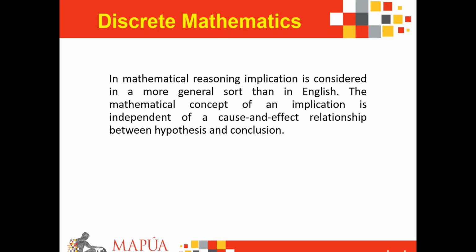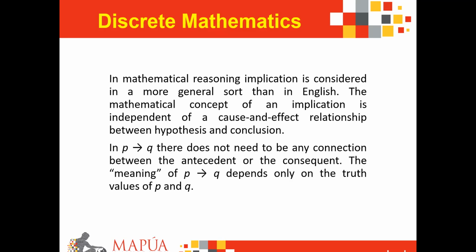In mathematical reasoning, implication is considered in a more general sense than in English. The mathematical concept of implication is independent of the cause and effect relationship between hypothesis and conclusion.